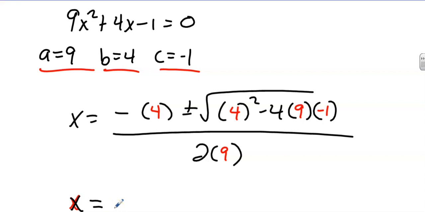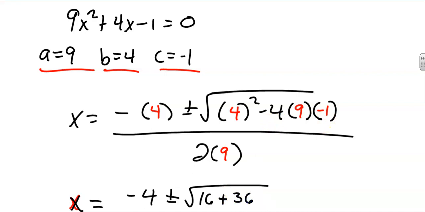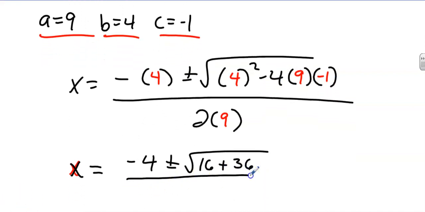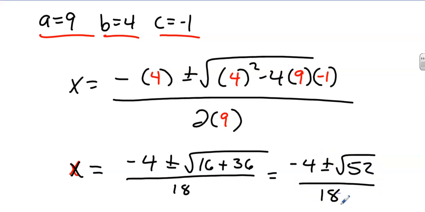If it comes out to be something we can simplify, we don't have to worry about it because we're going to change it to a decimal answer anyway. So this is 16 minus, actually plus, because we got a negative times negative. So that is 9 times 4 is 36. Divided by 18. So this is negative 4 plus or minus the square root of 52 divided by 18.